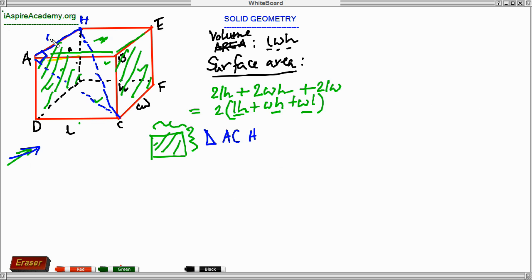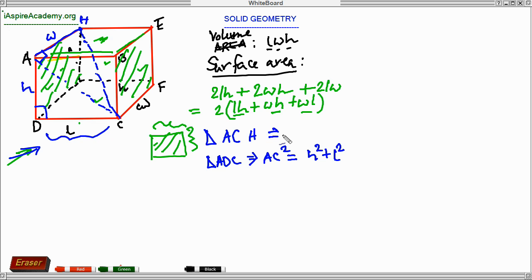We know this is W. Applying the Pythagorean theorem to ADC, AC squared equals AD squared, which is H squared, plus DC squared, which is L squared.